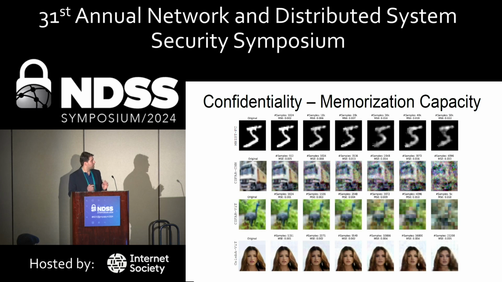We can see that even when we memorize the complete MNIST dataset, the digit 5 is still completely identifiable, and even when we memorize 21,000 images from the CelebA dataset, we can still definitely identify the person in the image, meaning that using our attack, we can perform explicit membership inference.